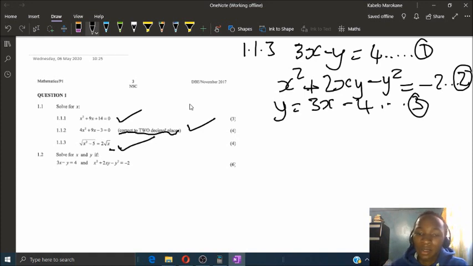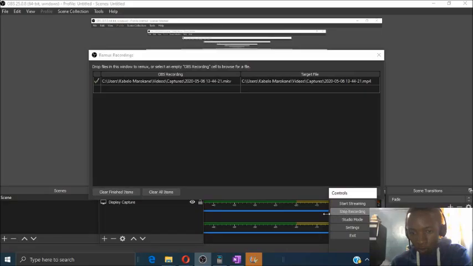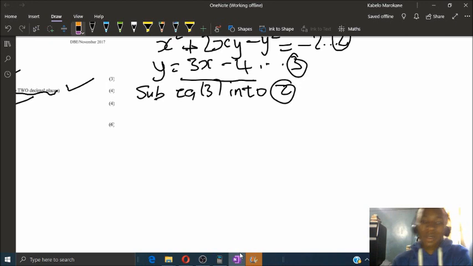Okay, so substitute equation 3 into equation 2. So when we see y, we put, okay, so where you see y, substitute 3x minus 4.